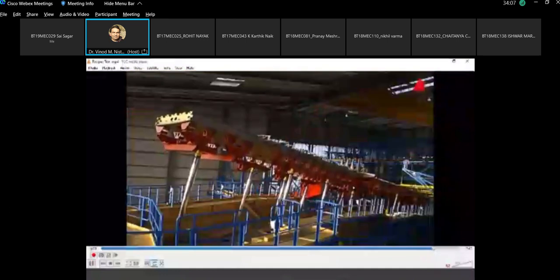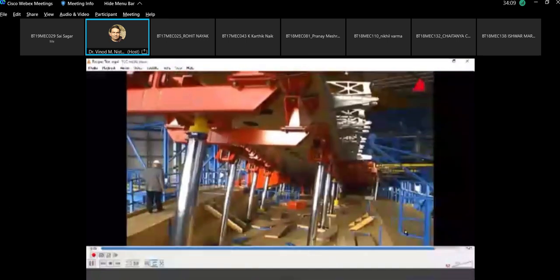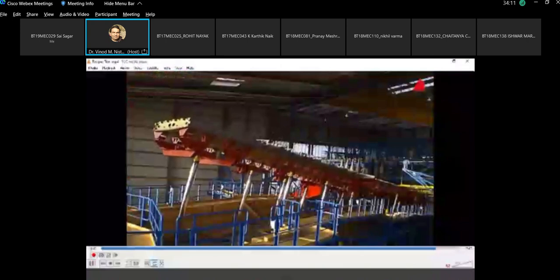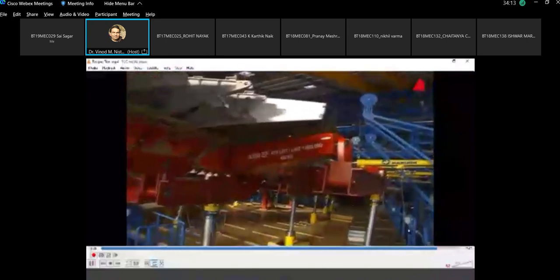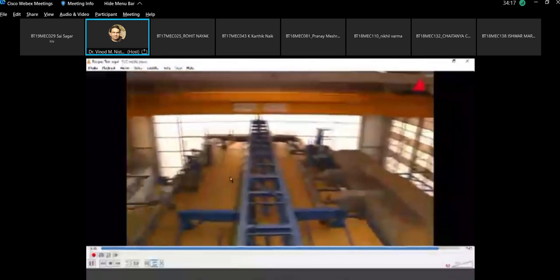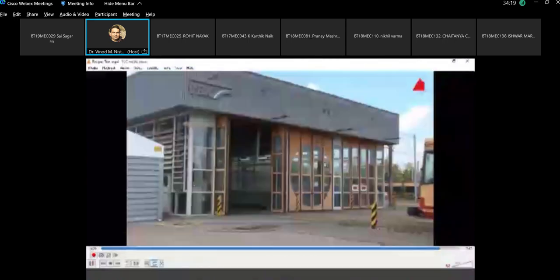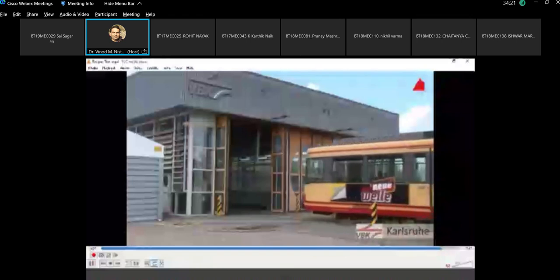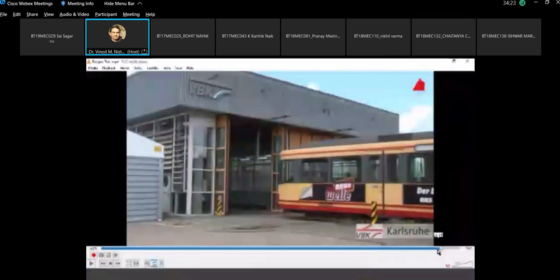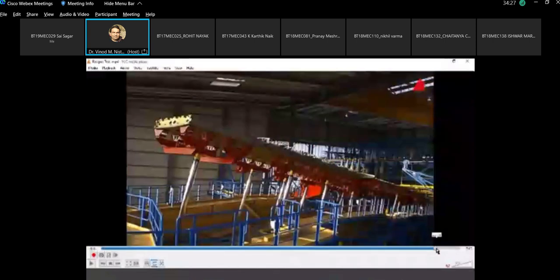The wings of the aeroplane actually bear the cyclic load in the air, so its testing is also done in the laboratories. Cyclic loading is applied on the wings of the aeroplane. So these are some of the practical examples of cyclic loading.